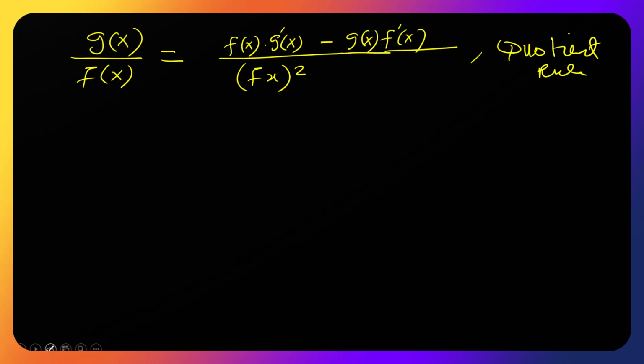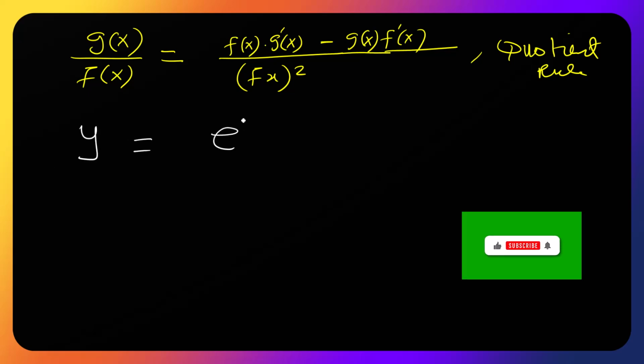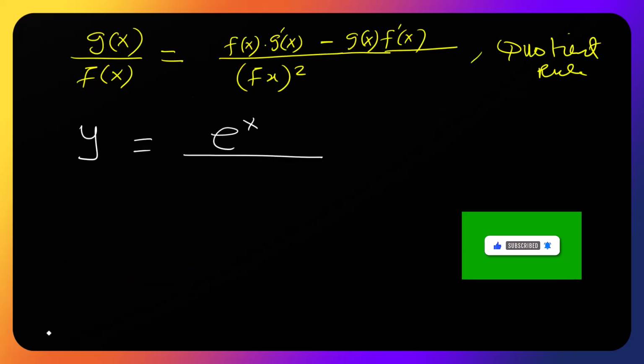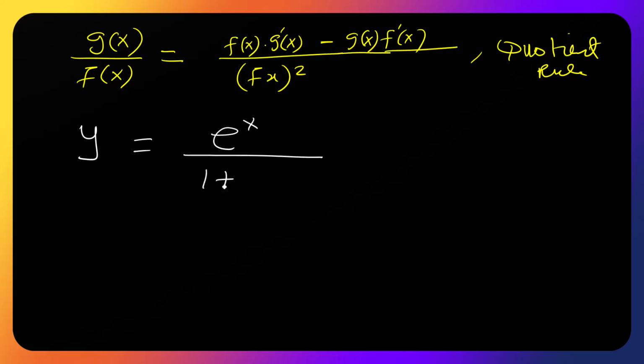Following this, we have y equals e to the power x over 1 plus x squared. So let's differentiate this one. That will be dy over dx.